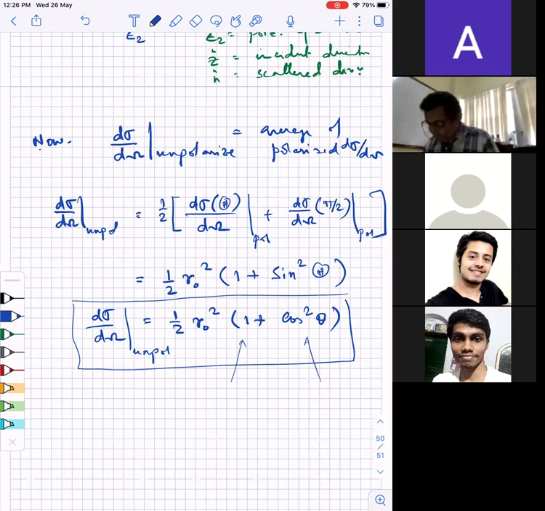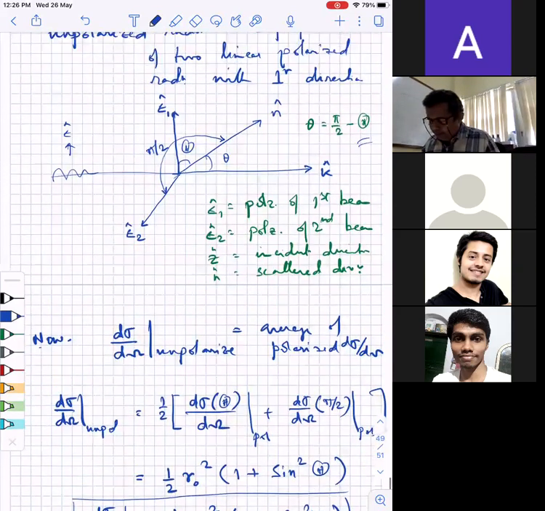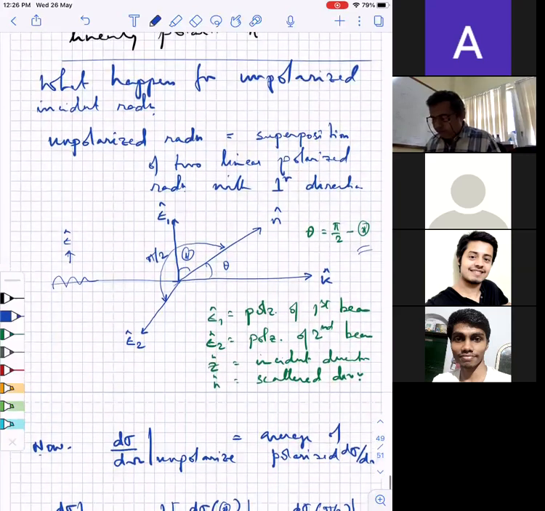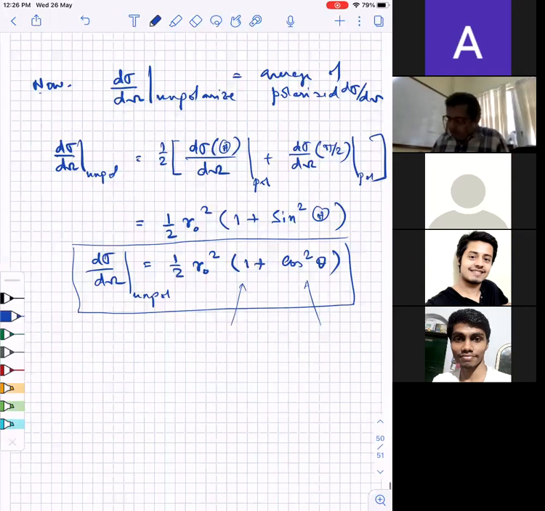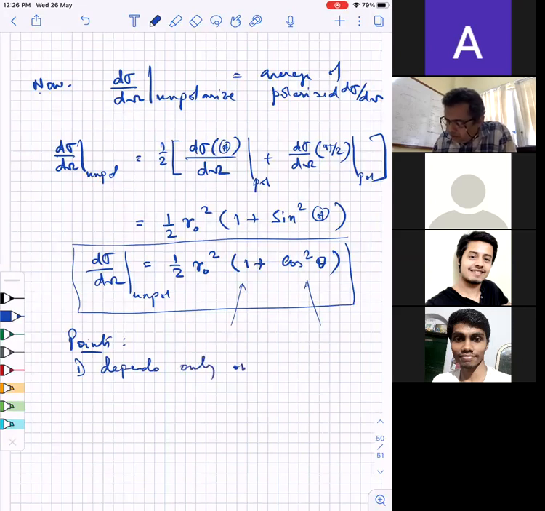That's the two terms. You can look at this and make a few points. First, as I said, it depends only on the angle between the incident and the scattered.